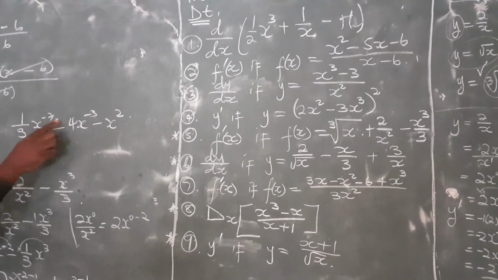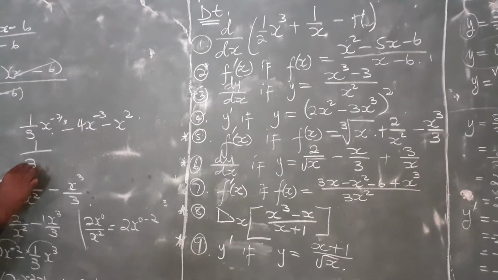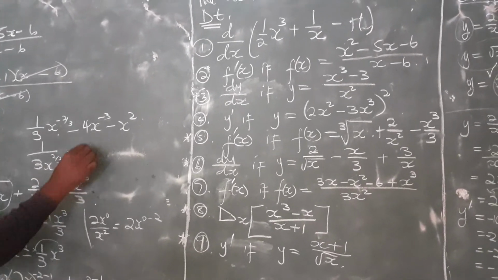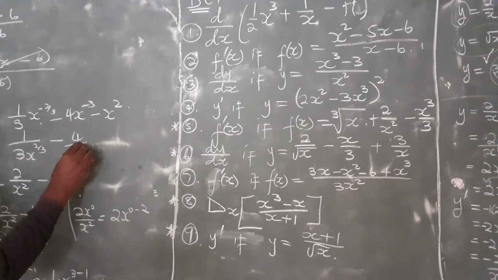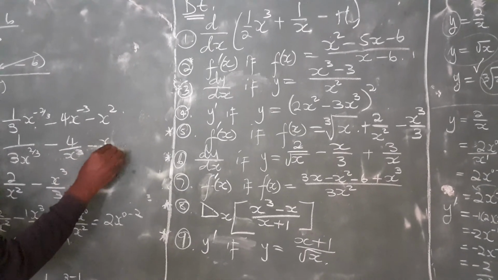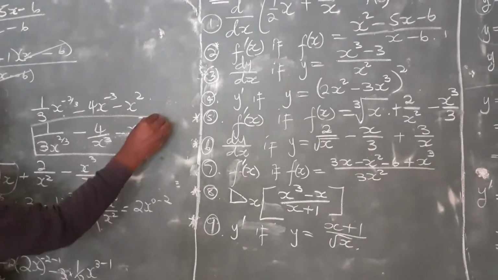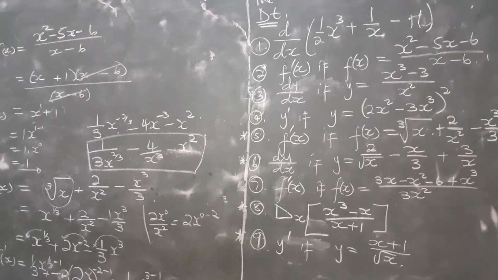These ones can only change, only this 2. Then I'll have 1 over 3 x to 2 over 3, minus 4 over x to 3, minus x to exponent 2. This is your answer in positive form.